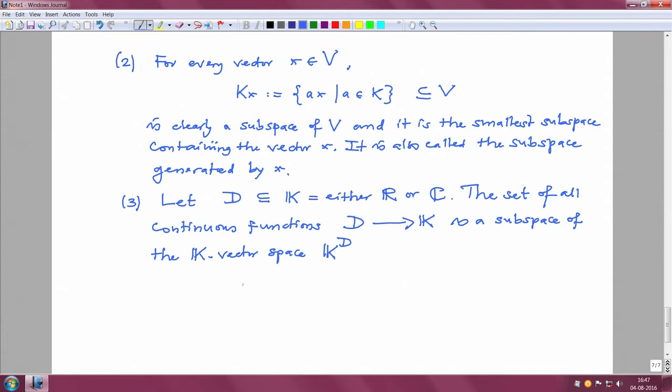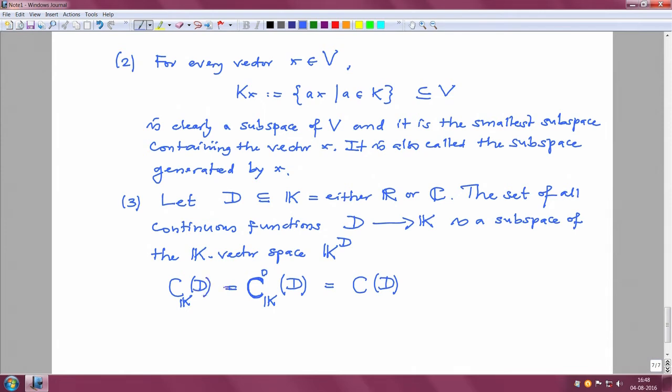This subspace I am going to denote by C for continuous, K here, that is K valued, and the domain is D. Sometimes I will just write C(D), continuous functions on D, or sometimes also I write it C suffix K, just to remember where the values of these functions are.